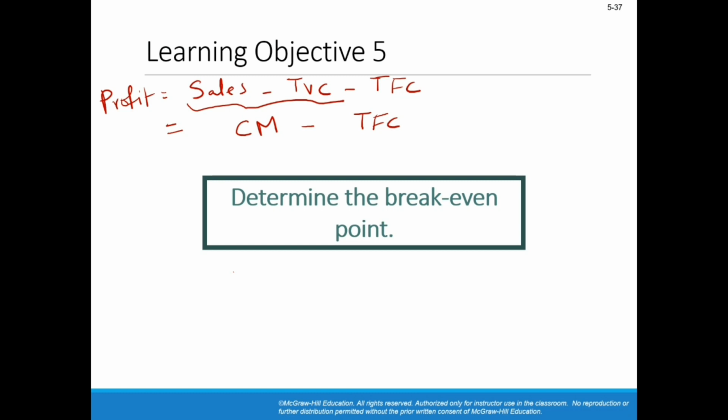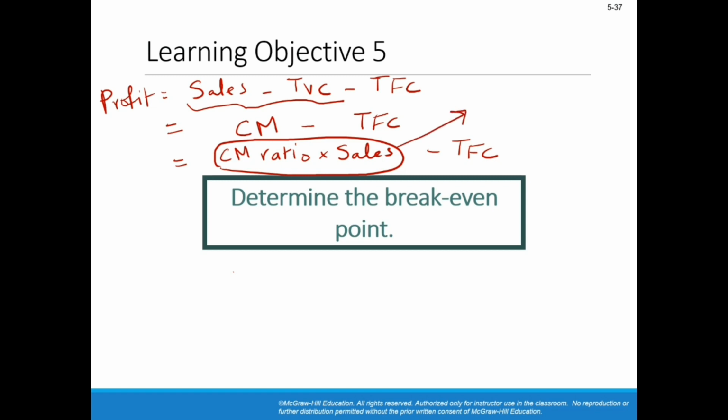Okay, and we also know that the contribution margin is equal to CM ratio multiplied by sales, so profit is CM ratio multiplied by sales minus total fixed cost. Because if you think about it, the CM ratio is CM over sales, multiplied by sales. So this goes away with this one. So you are left with CM minus total fixed cost.